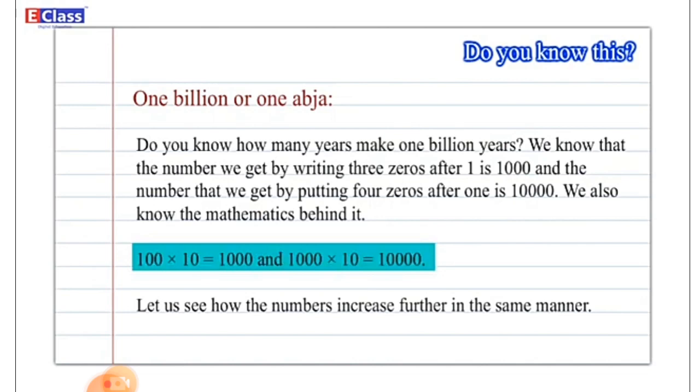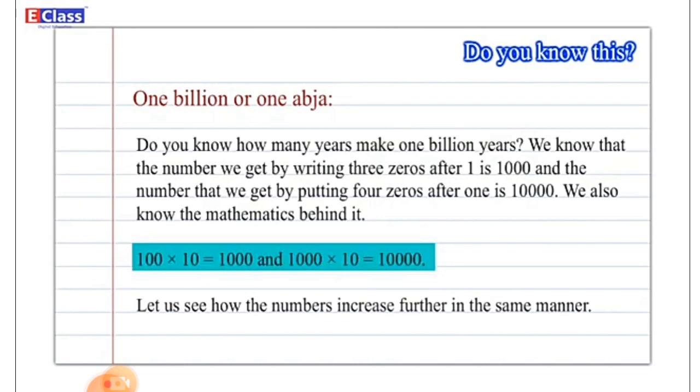Do you know 1 billion or 1 abja? Dear students, how many years make 1 billion years? We know that the number we get by writing 3 zeros after 1 is 1000, and the number that we get by putting 4 zeros after 1 is 10,000.